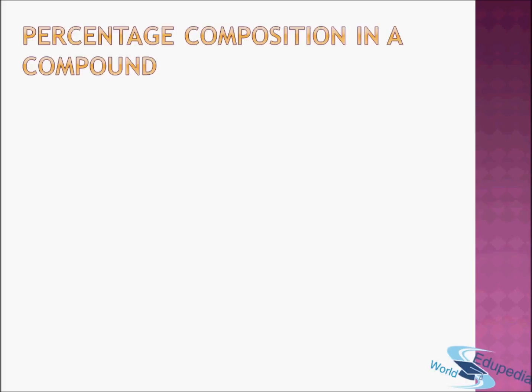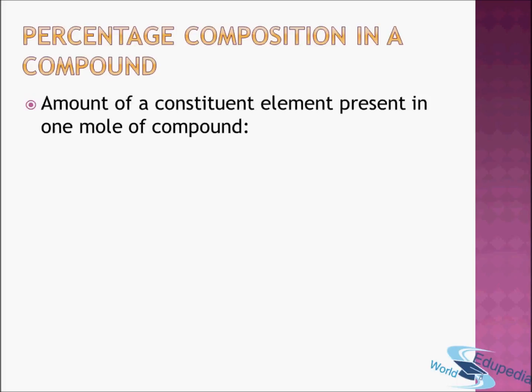So how do we calculate percentage composition in a compound? Let's say you have to calculate percentage composition for a given element present in 1 mole of a compound. How do we do that? Again, there can be two different percentages: percentage by mole and percentage by mass.